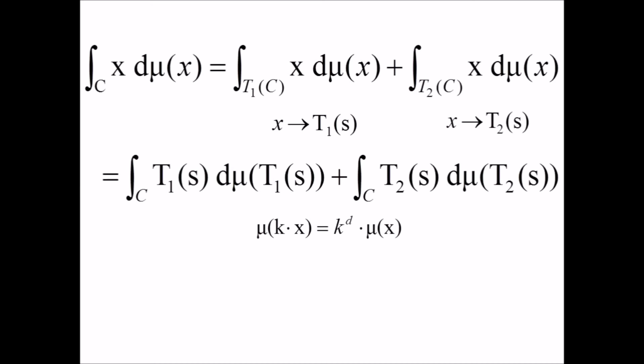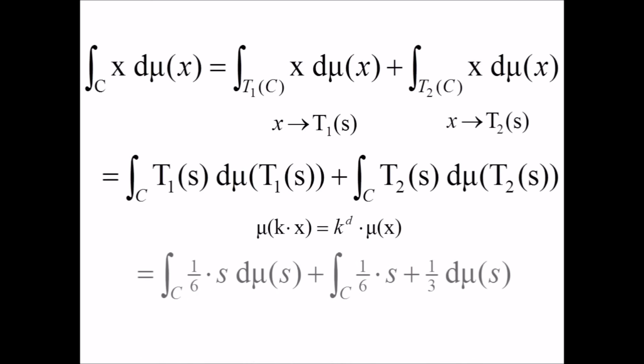Recalling the definition of Hausdorff Measure, we can note that the rescalings of the object result in a proportional rescaling of the measure raised to the dimensionality of the object. Combining this knowledge with our knowledge of how the transformations work gives us a new expression for our integral. We can combine this into a rescaled version of our integral and a constant term.